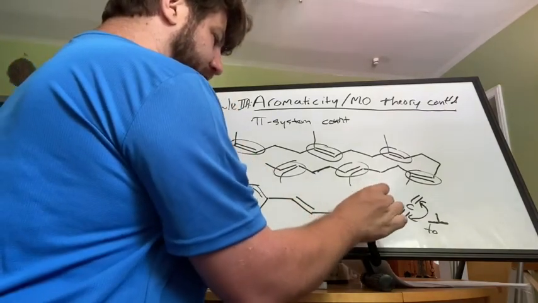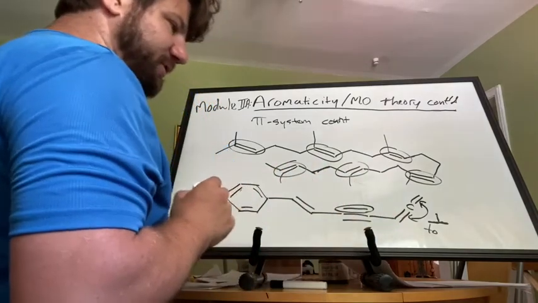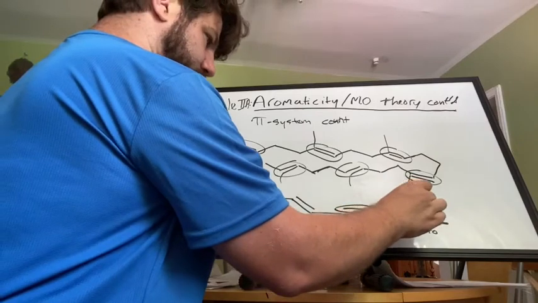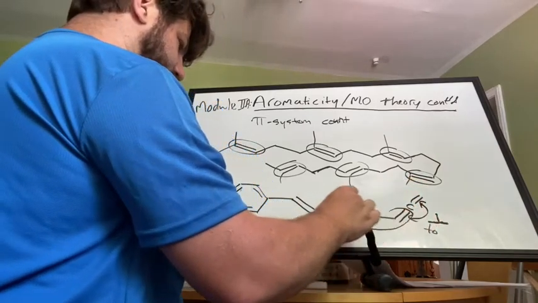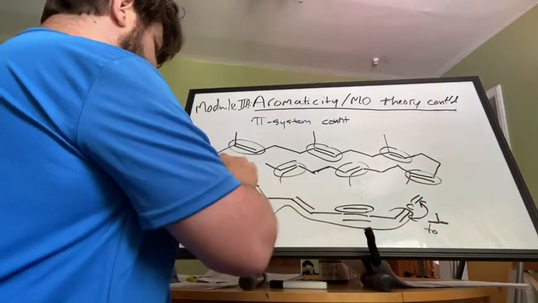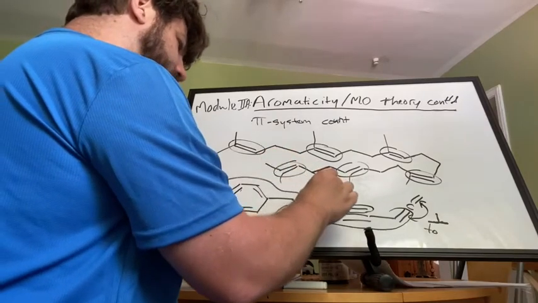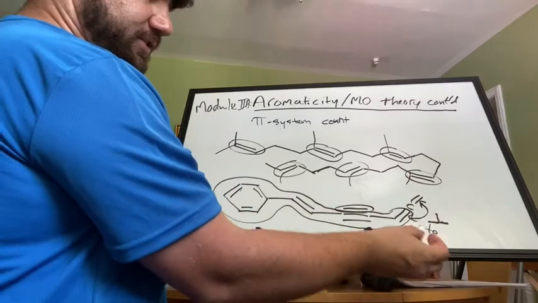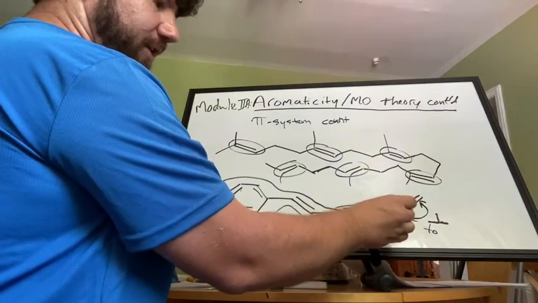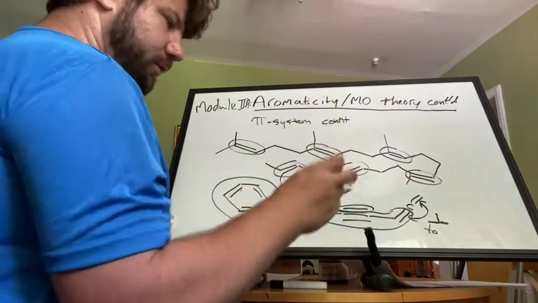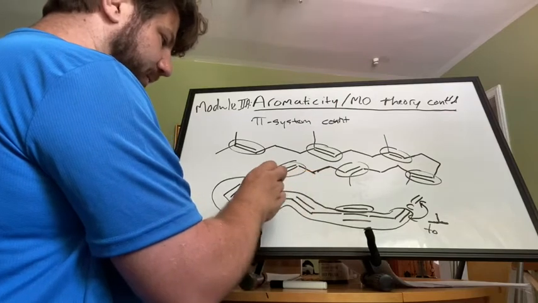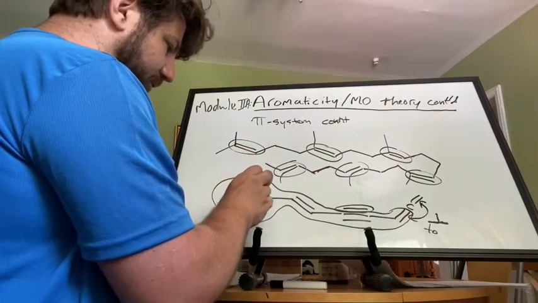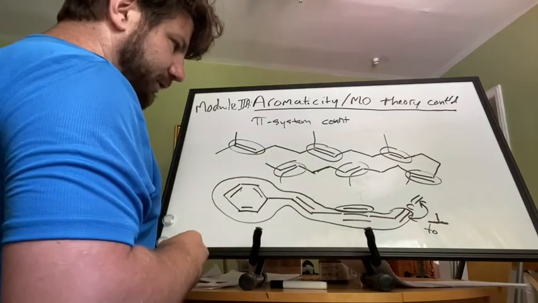So one of those pi bonds is going to rest perpendicular, and all of this is its own separate pi system. Again, because it's going to be conjugated, it's going to be double bond, single bond, double bond, single bond, and so on. All right, you get the drift.